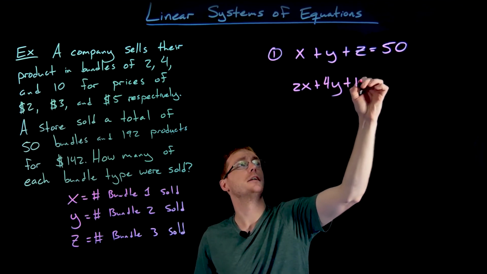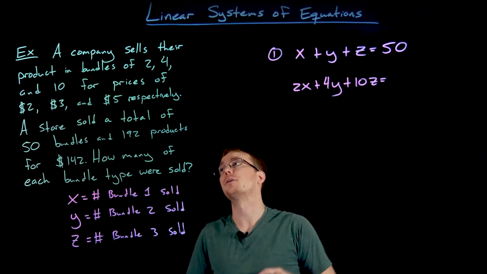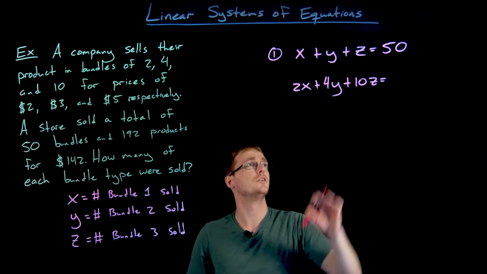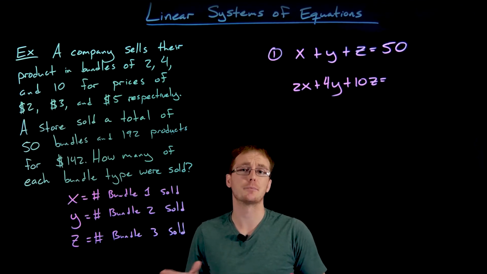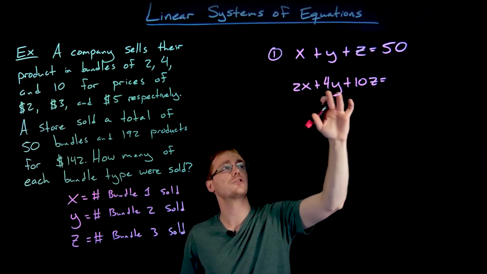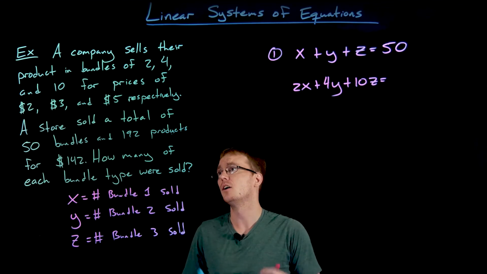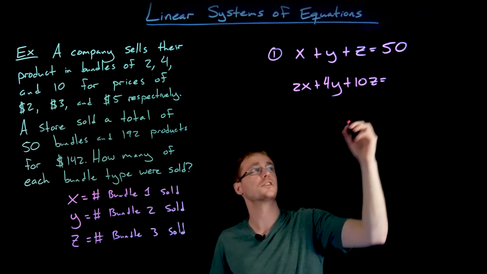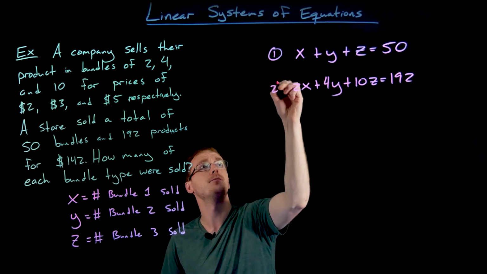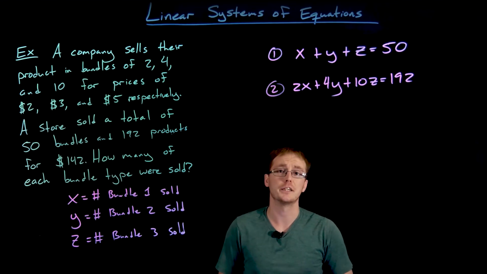And similarly, for the third bundle type, we know that there are 10 products per bundle and there are Z bundles. So 10Z is going to be how many products are coming from that type 3 bundle. And if we add 2X, 4Y, and 10Z together, we're going to get the total number of products within all these bundles that were sold, and that is 192. So that is the second equation in our system.